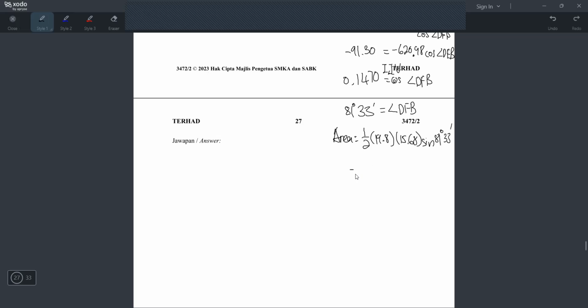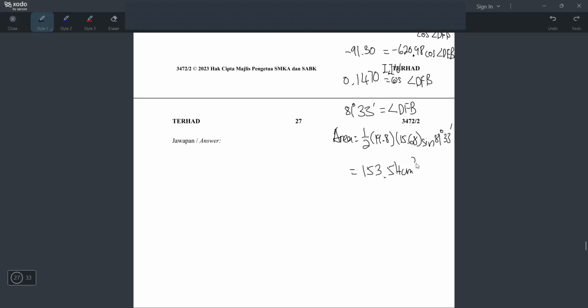So now time to press calculator. So sine answer times 19.8 times 15.68 divided by 2. Okay, my calculator gives me 153.544. So 153.54 maybe.